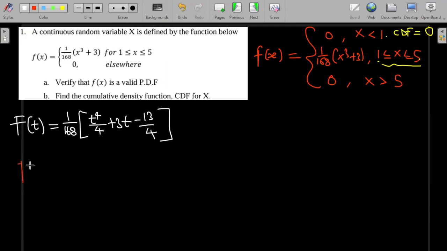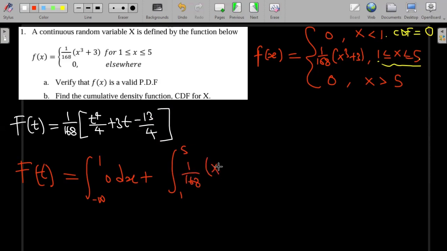So we're going to say the CDF for values that are greater than 5 is equal to the probability of this plus the probability of this, and then the probability of that one. So it will be the integral from minus infinity all the way to 1 of 0 dx, plus the integral of 1 to 5 of this guy, 1 over 168 times x to the power 3 plus 3 dx, and then plus now this guy.